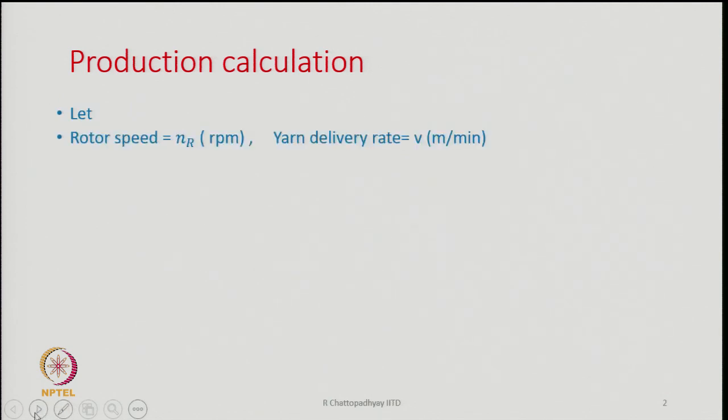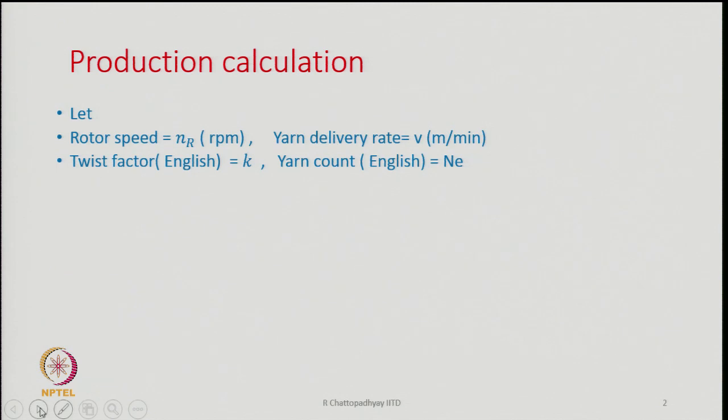Let rotor speed be Nr in terms of RPM, revolutions per minute. The yarn delivery rate, let us say, is V meters per minute. The twist factor in the English system is K, and the yarn count, also in the English system, is Ne.